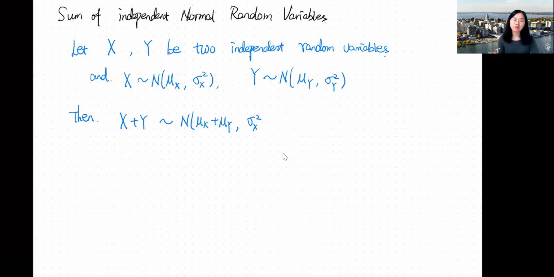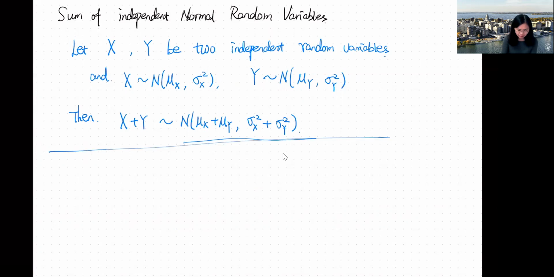They do not have correlation. Their covariance equals 0. Therefore, the variance of the sum equals the sum of the variances. We're not going to go through the proof for this result. We just need to know that adding two independent normal random variables will give us another normal random variable.